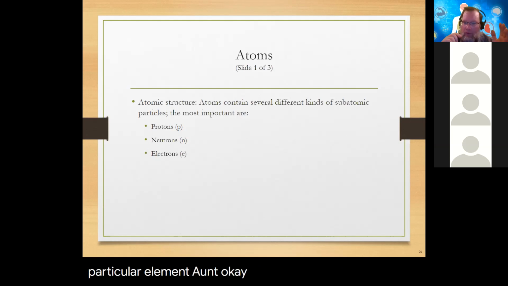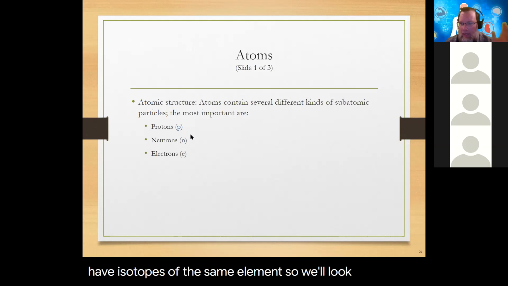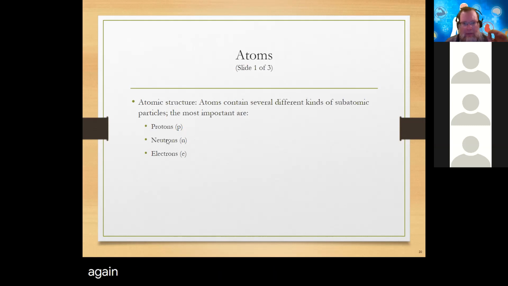However, the number of neutrons can change, and we'll look at that shortly. We call that an isotope. With an isotope, the element is the same, but we've got a slightly different number of neutrons. So we could have isotopes of the same element. We'll look at that again, not to get you too freaked out.